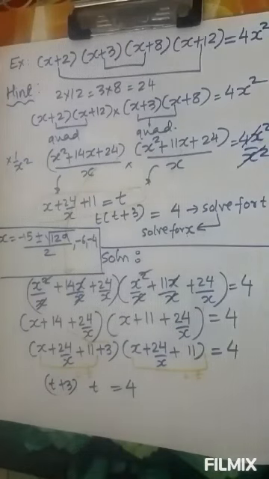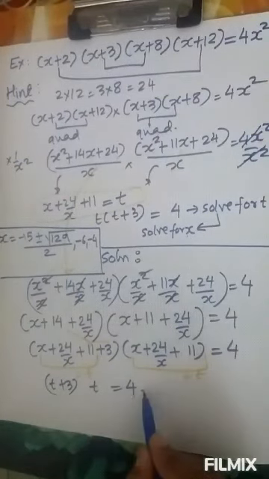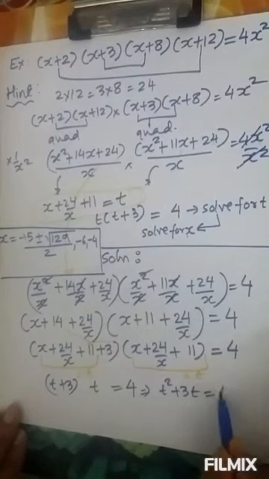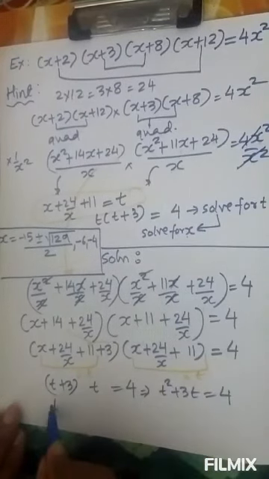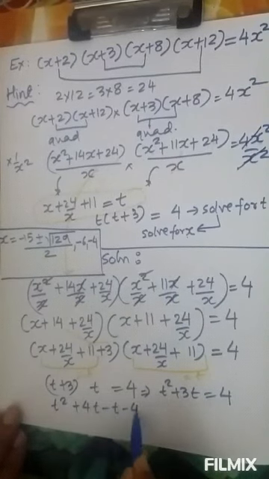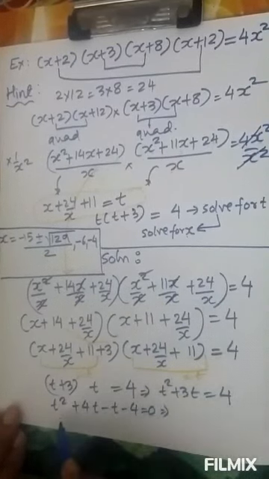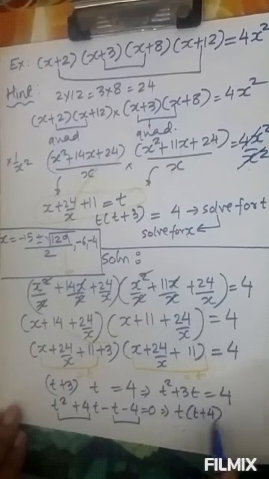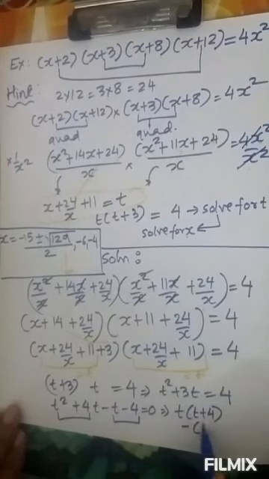So now we will solve this quadratic equation. If you multiply it, you will get t square plus 3t equals to 4. In the next step, t square plus 3t we can write as t square plus 4t minus t minus 4 equals to 0. Now if you factorize, take t common from the first, t plus 4, and minus 1 common, you will get t plus 4 is equal to 0.